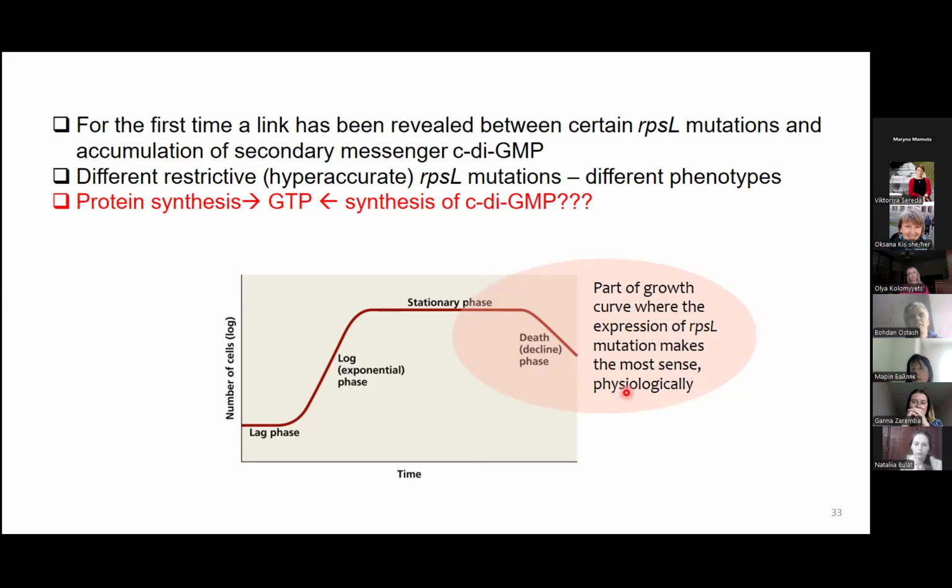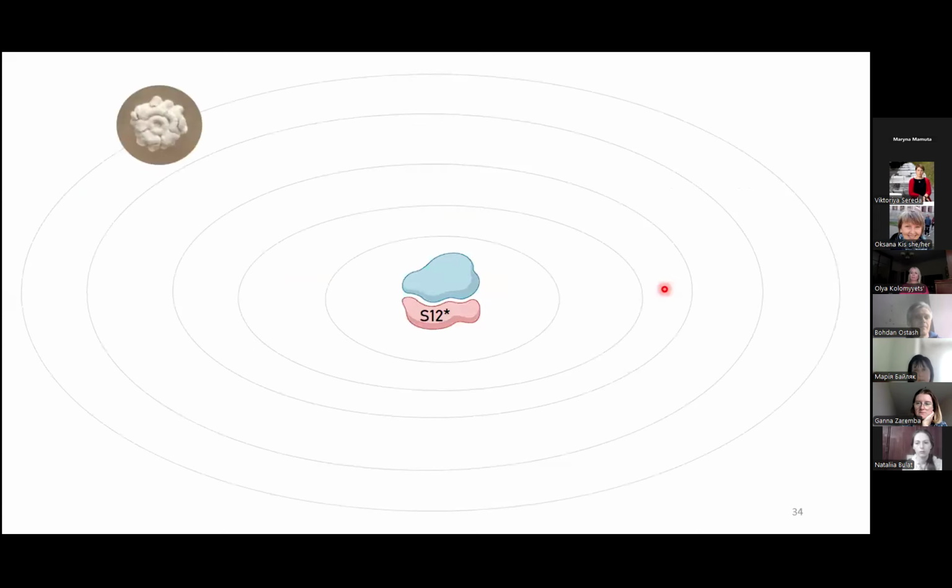And this is actually a barely studied part of bacterial physiology. Almost everyone likes to study the young culture, young and beautiful, it grows, it's active, everything's good, it's easy to study. But here it's very difficult because many proteins get degraded, mRNA degraded, cells senesce. But for our specific case, this is where we are with antibiotic production. And by making this mutation, probably we prolong this productive phase. Would it make sense? We don't know.